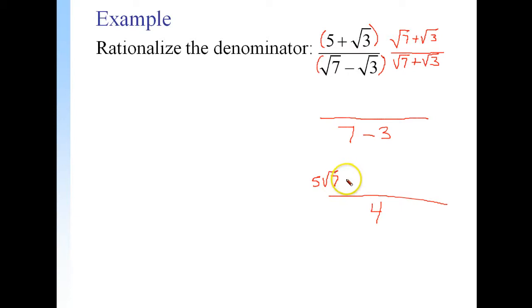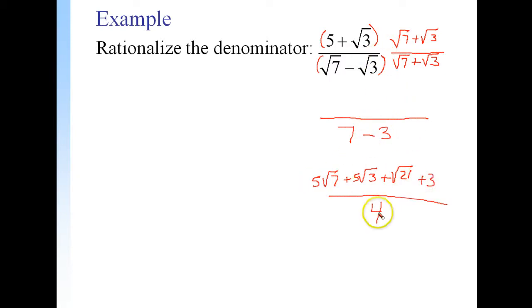So this is going to be plus 5, the square root of 3. That's my outers. My inners is plus the square root of 21. That's the square root of 7 times the square root of 3. And then my last, square root of 3 times square root of 3, square root of 9. And that gives me a 3.